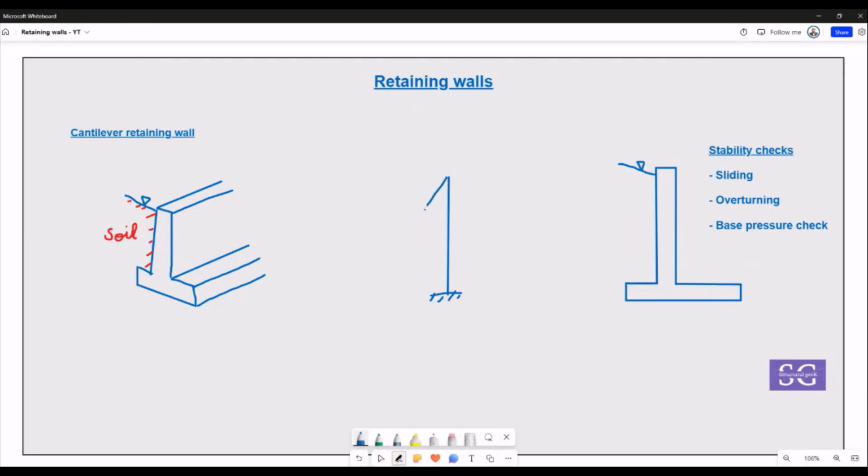It is basically having an earth pressure, which will generate a horizontal force at this location, a horizontal reaction. It will also generate a moment that it needs to take at this particular location. So that will be the reactions from the ground, right?